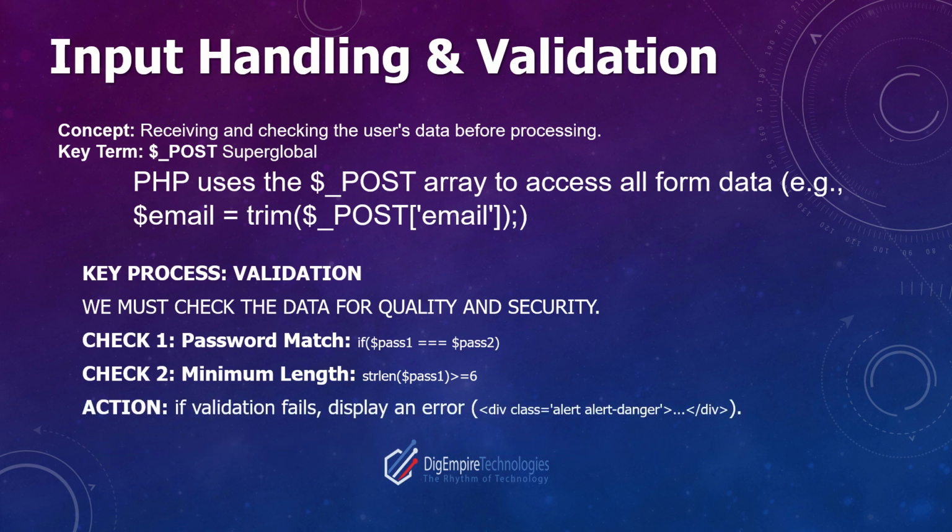Then the action that is performed after checking the data for quality and security is now, okay, data has failed, or okay, data is correct. Then if it's correct, it goes to the next level. But if it fails, it displays an error.